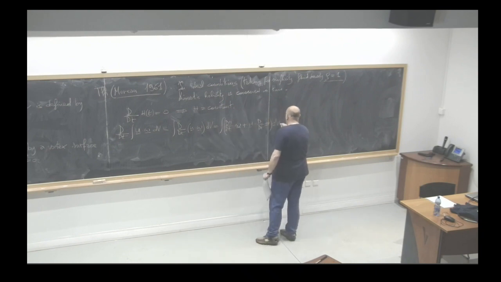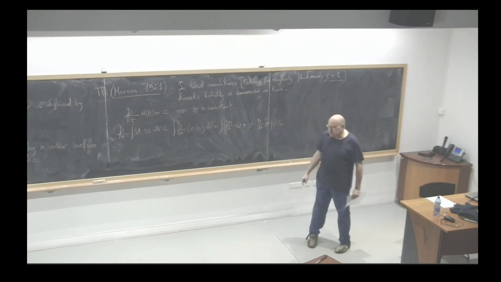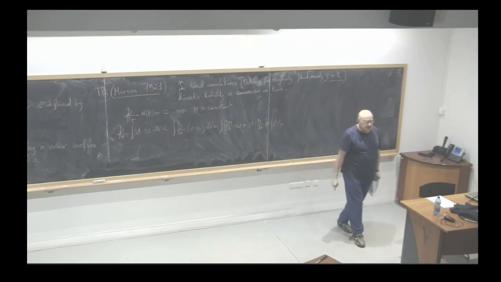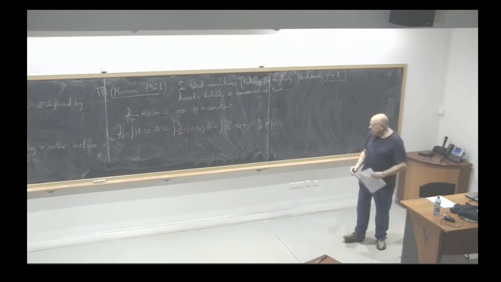Now you know how to do this, because du/dt comes from Euler's equation, and d omega/dt I wrote yesterday as Lagrangian transport of vorticity, the Helmholtz transport equation.